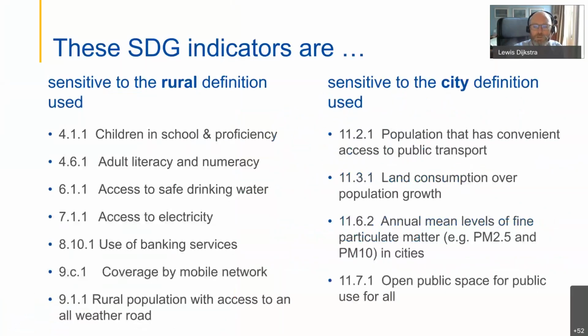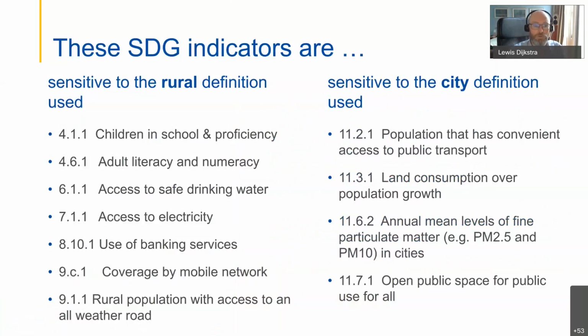So one of the big reasons we wanted to start this work, because we started it at the Habitat 3 conference in Quito in 2016, was that we had a number of sustainable development goal indicators that were incredibly sensitive to where you draw your boundary for your rural areas or for your cities.